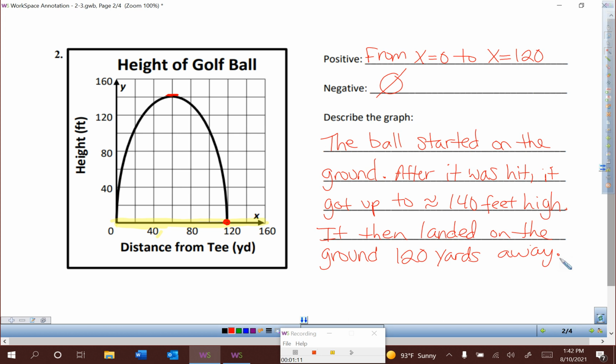So definitely where it starts, where it ends, and then if there's a spot in the middle that you can talk about, that's usually something that you should add in as well. So the ball started on the ground. After it was hit, it got up to approximately 140 feet high, and then it landed on the ground 120 yards away.